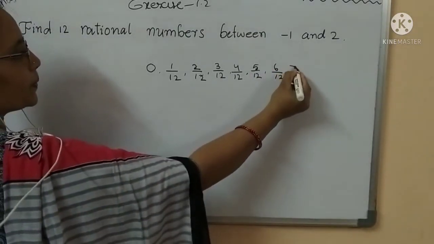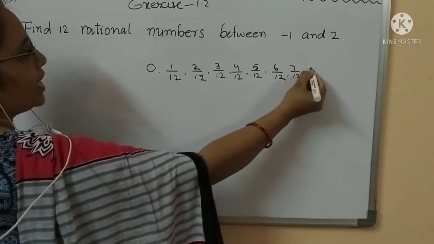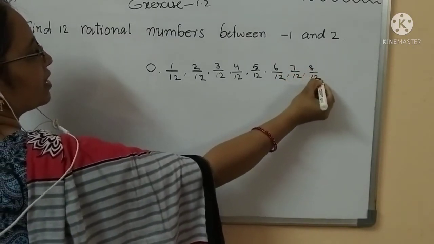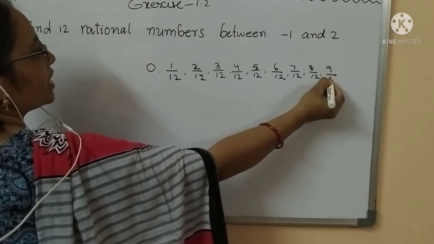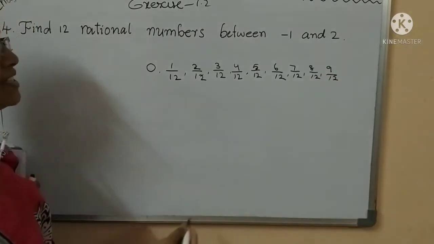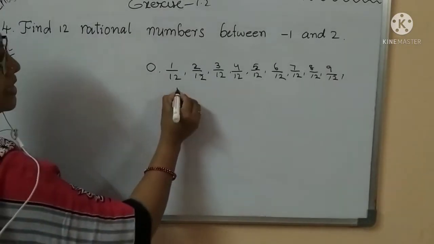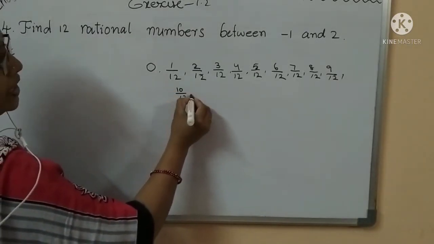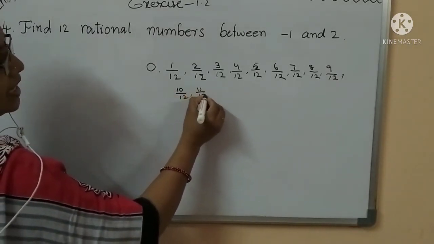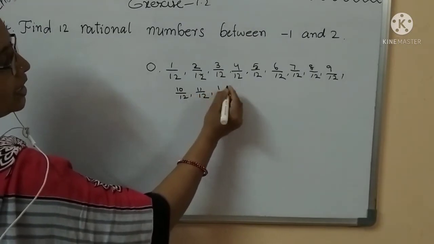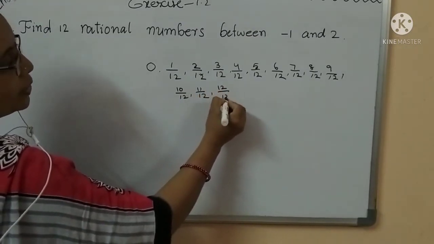Next, 7 by 12, 8 by 12, 9 by 12, it means 3 3s are 9, 3 4s are 12, so 3 by 4. Next 10 by 12, 11 by 12, 12 by 12.